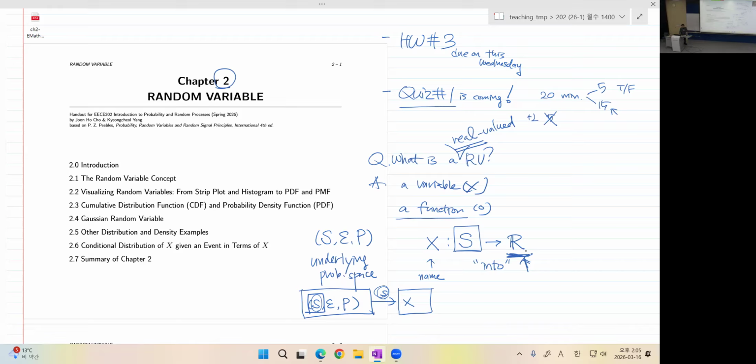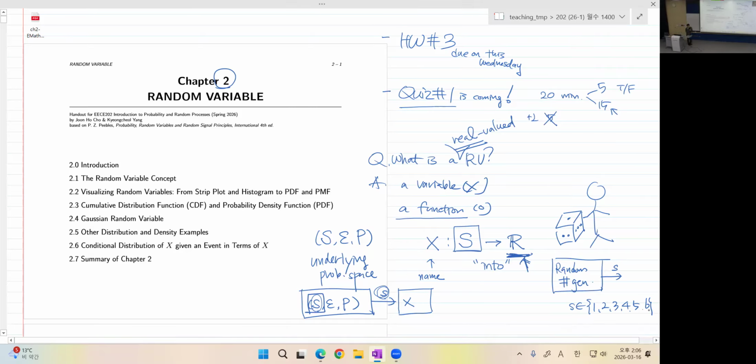Of course, you may say, well, professor, if I just roll a die, and assuming that dots mean numbers, then this random experiment gives me a box that is a random number generator, and we only have these 6 numbers.